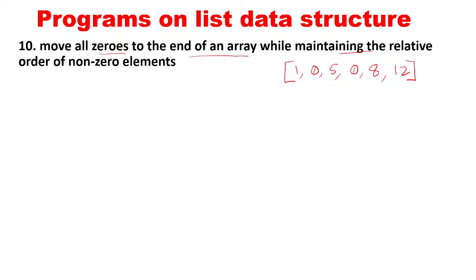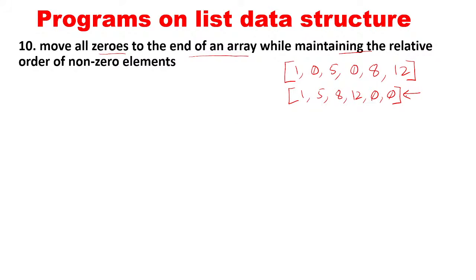After that only the zeros should appear. So your answer should look like this: 1, 5, 8, 12, then 0, then 0. We moved all zeros to the end of the array. This is what was asked.